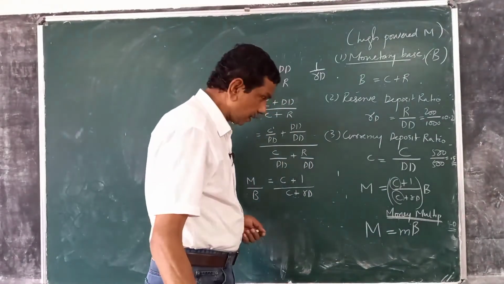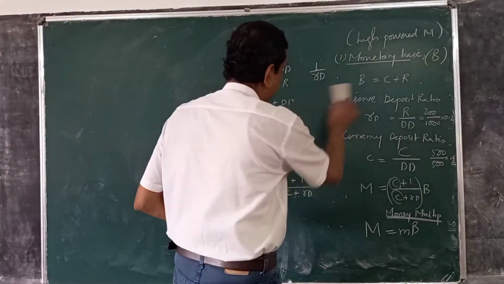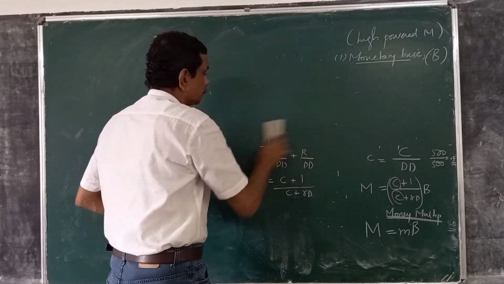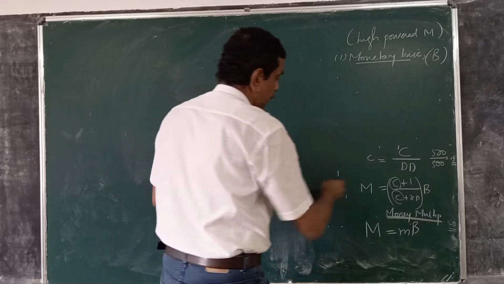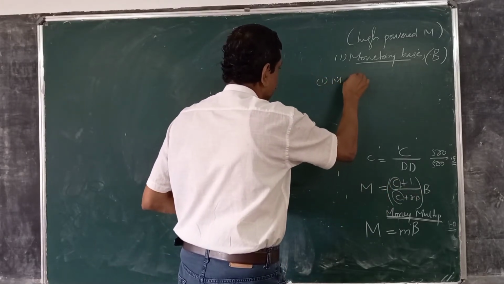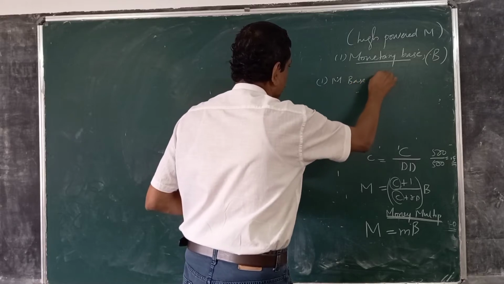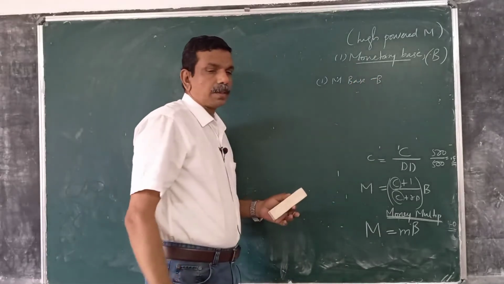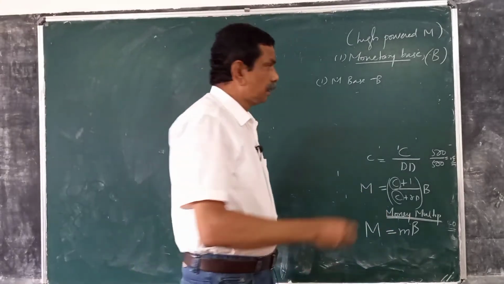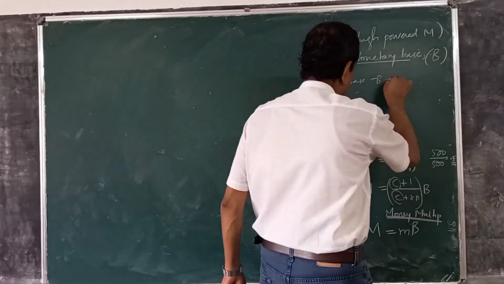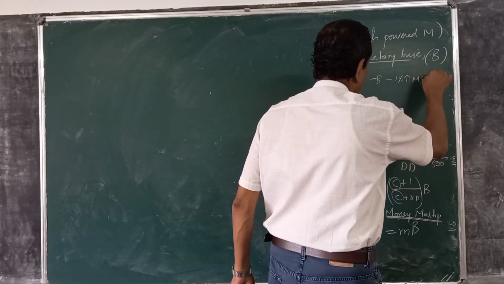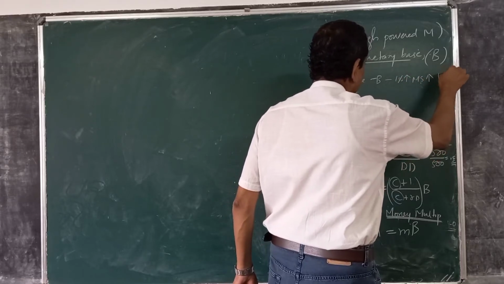One, money supply is proportional to the monetary base B. That means if B increases by 1%, money supply also increases by 1%.